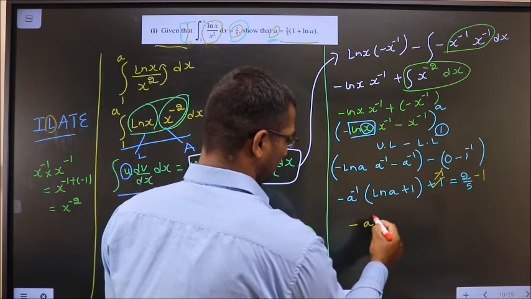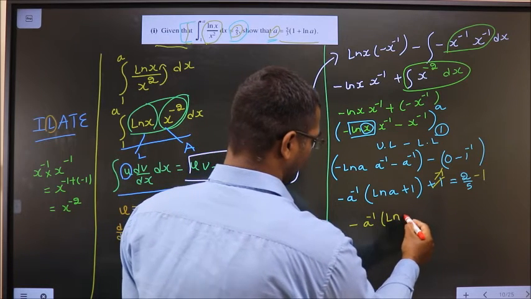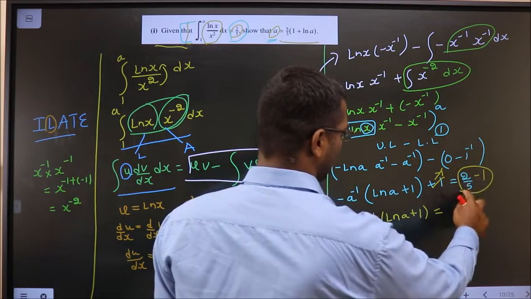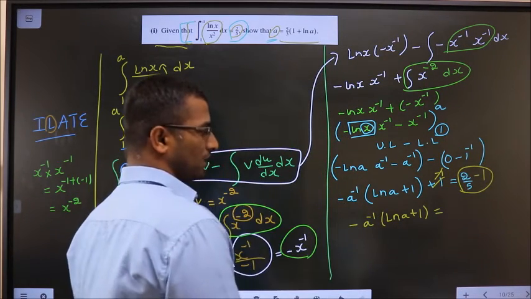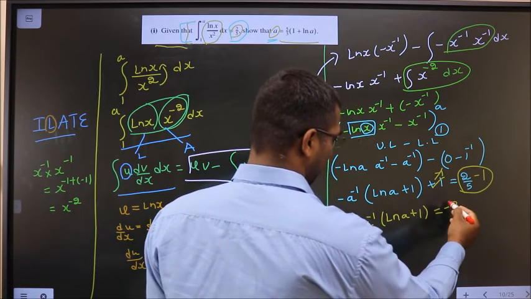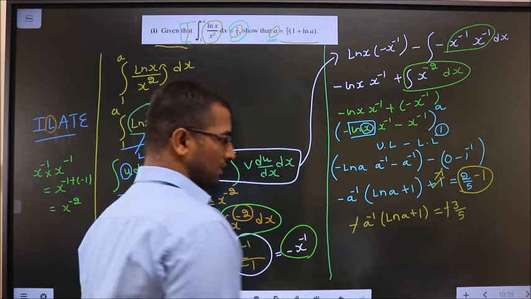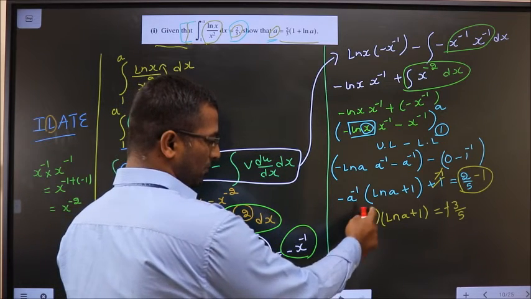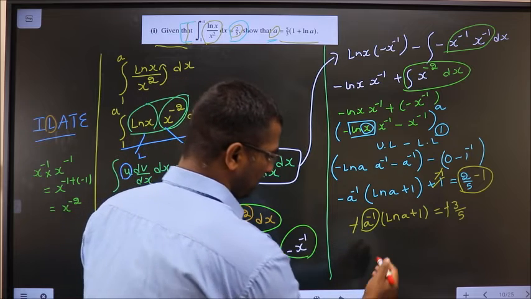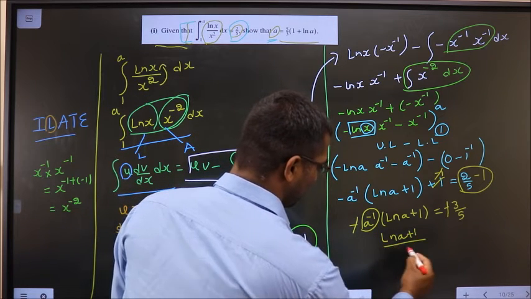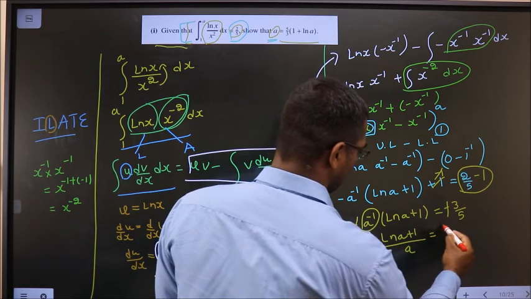So minus a power minus 1 times ln a plus 1 is equal to 2 by 5 minus 1. How much will you get? Minus 3 by 5. I cancel out negative on both sides. Now I make this a positive by taking it down. So ln a plus 1 by a is equal to 3 by 5.